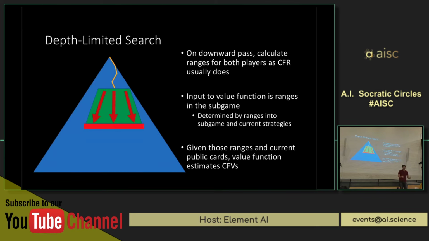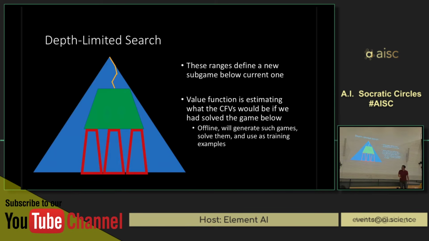And then you're going to use that to estimate what the counterfactual values are and push it back. What we're doing here is essentially creating new subgames. This time you actually know the opponent's strategy, and you're going to use both strategies as a way to estimate the values. So the value function is going to estimate the counterfactual values of each of those information sets.